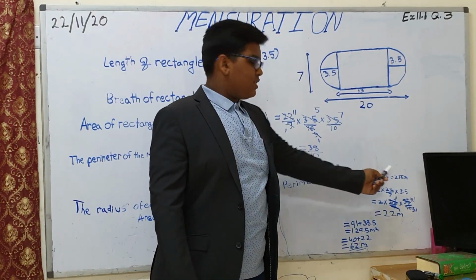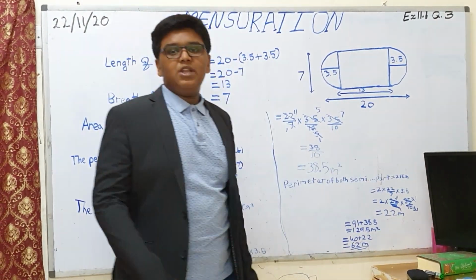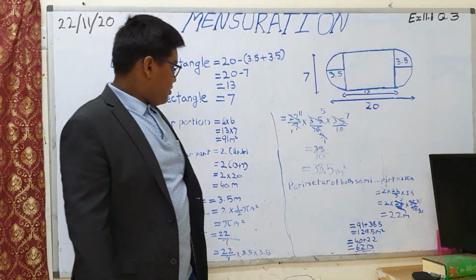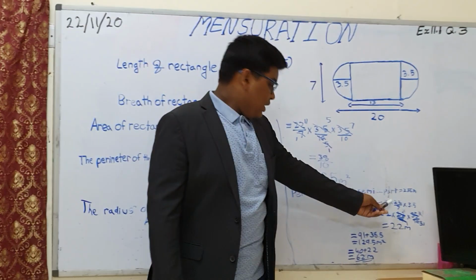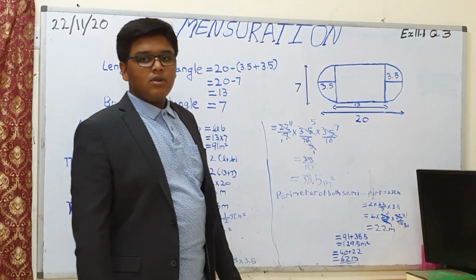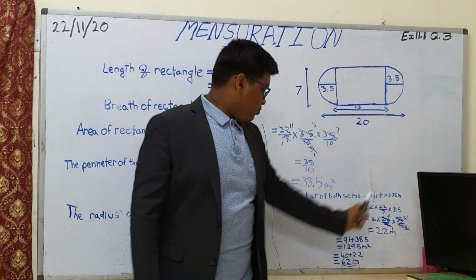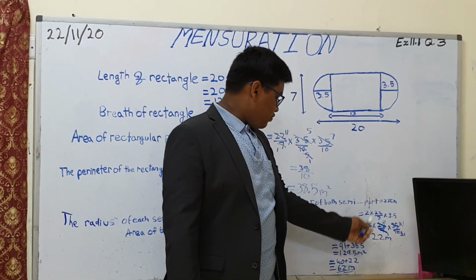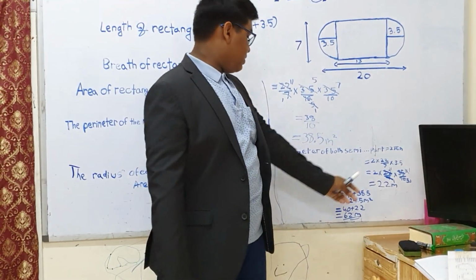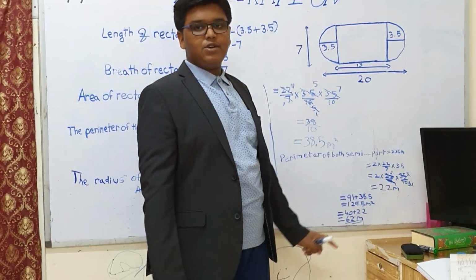Now the perimeter of both semicircular parts is 2 pi r. The perimeter is 2 pi r, right? So it is equal to 2 into 22 by 7 into 3.5, because the radius is 3.5 as per the question. Now 2 will be cut again with the 22 by 7.